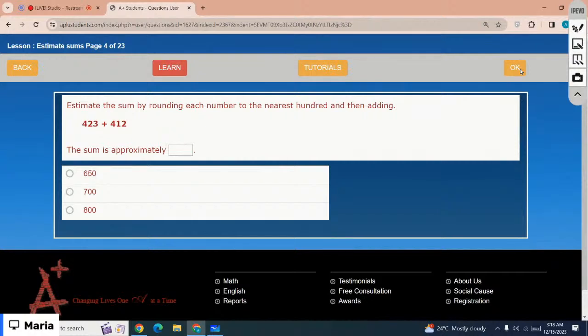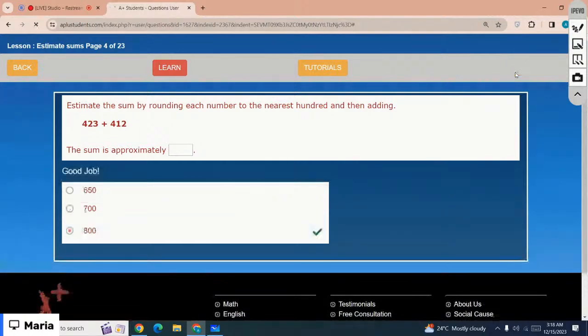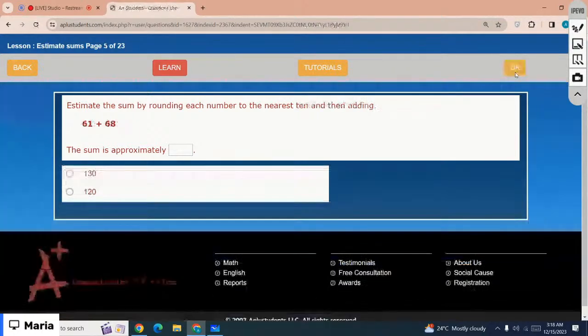Yes, very good. Both the numbers must be rounded off to 400, right? And their sum equals 800. The correct option is 800. Okay, estimate the sum by rounding each number to the nearest 10 and then adding: 6 plus 68.